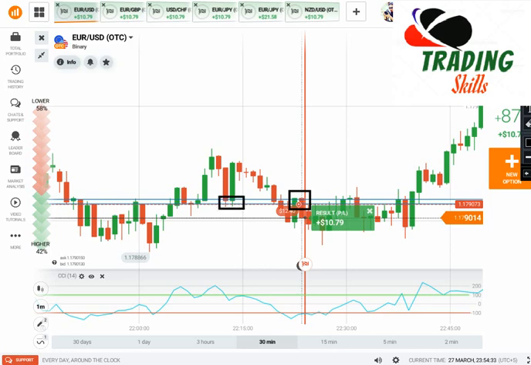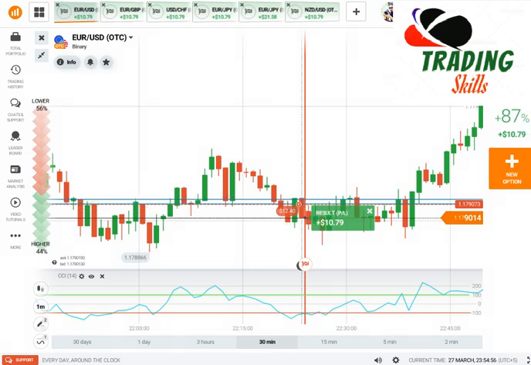Support, resistance, support. These 1 2 3 4 5 levels are showing me that this is a strong SNR. So the candle came to that level and I took my trade and I won my trade here.